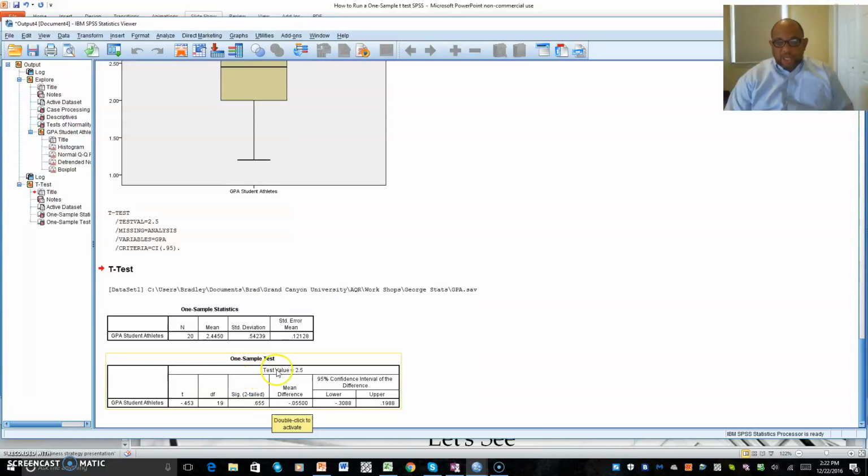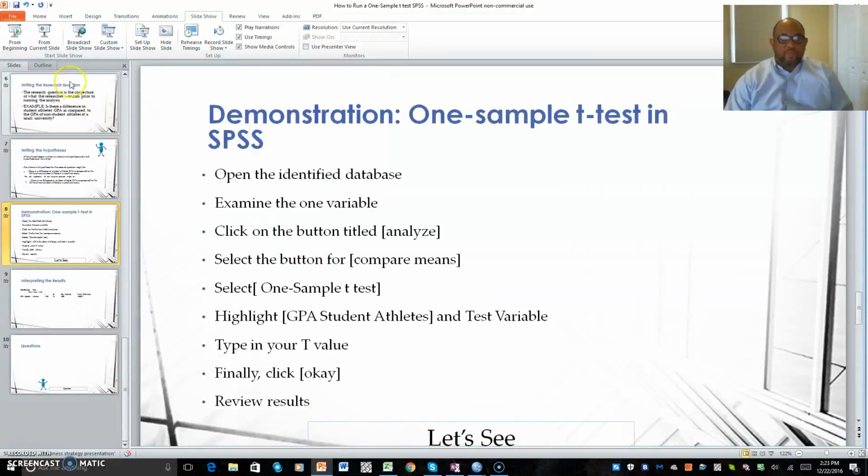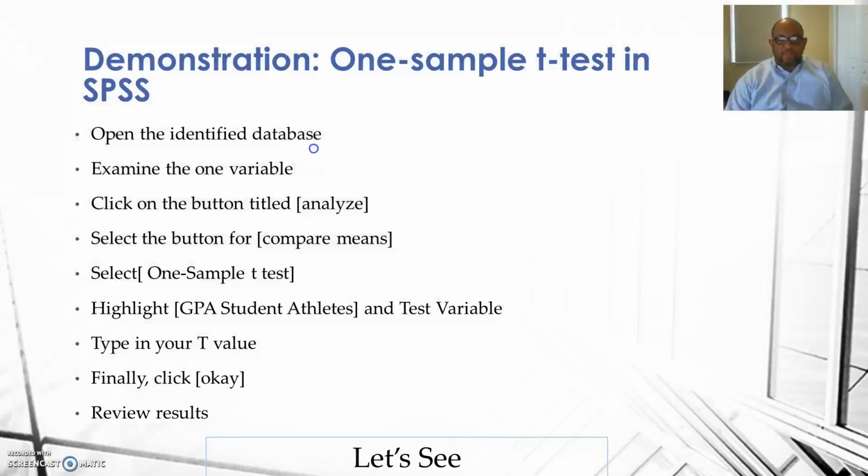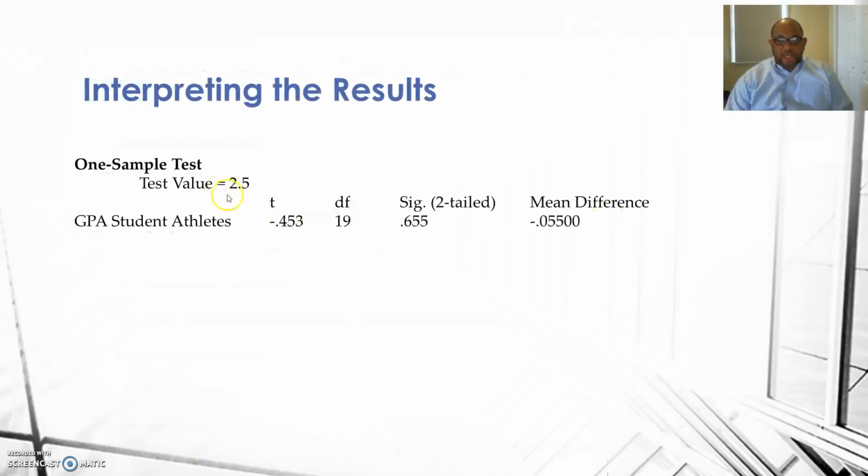And as we can see, there's no significant or meaningful difference between 2.5, the population, and the sample 2.44, which the difference is a negative 0.05, which is there's no difference there. As you can see again, the population mean, that t-value, it's not significant from the sample mean, and the difference here is extremely small.